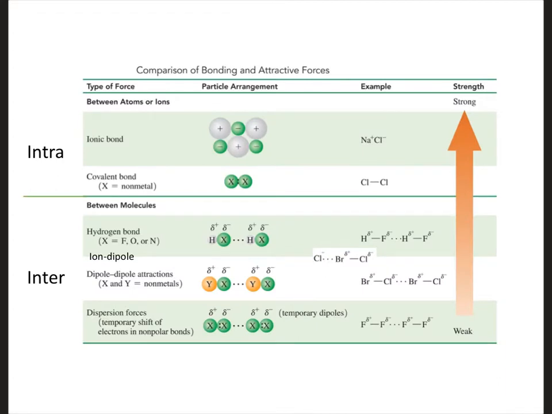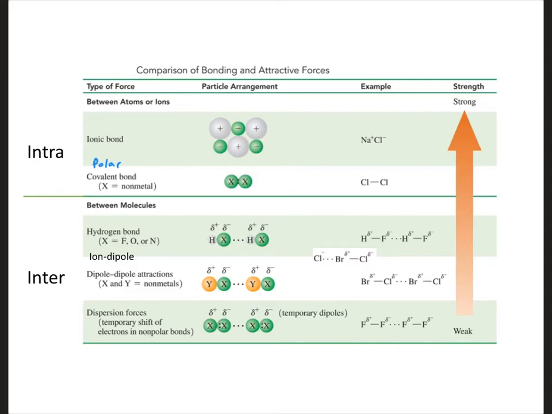You may also recall from Gen Chem 1 that we talked about a continuum of attractions, right? The strongest attractions we had were our ionic bonds. We had polar covalent bonds, which were kind of along this interface. Pure covalent bonds, a little bit weaker.